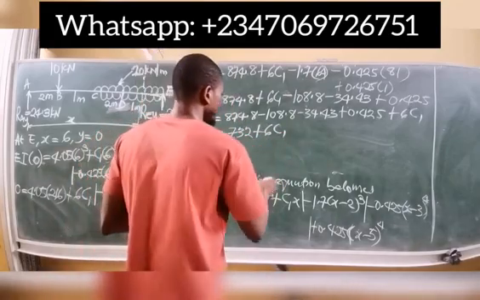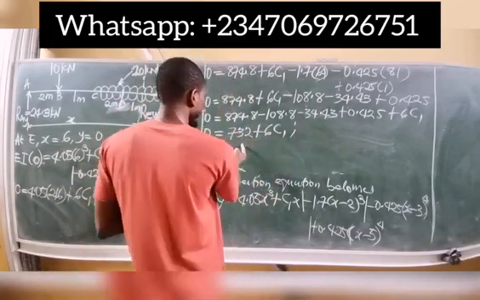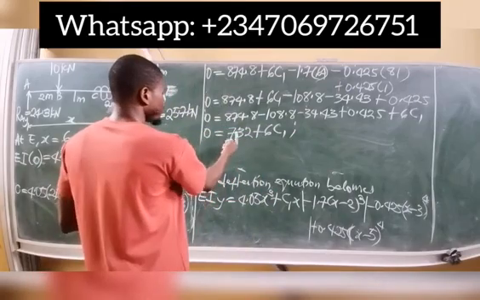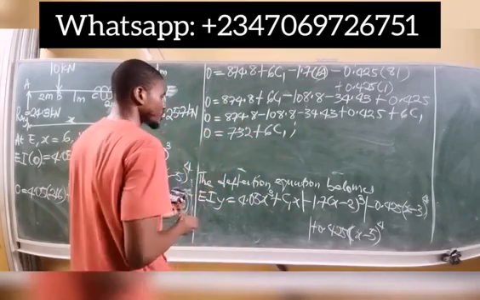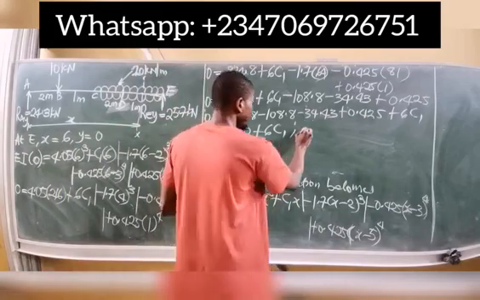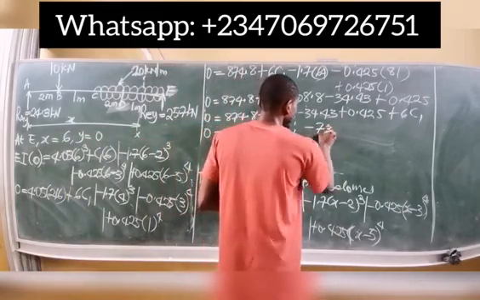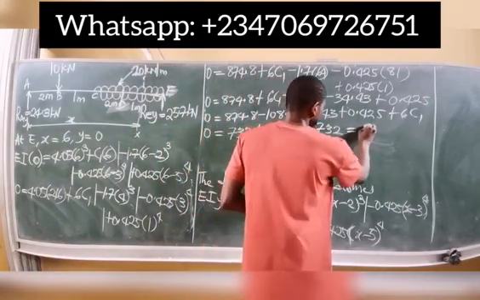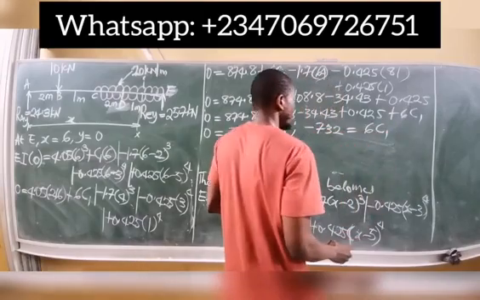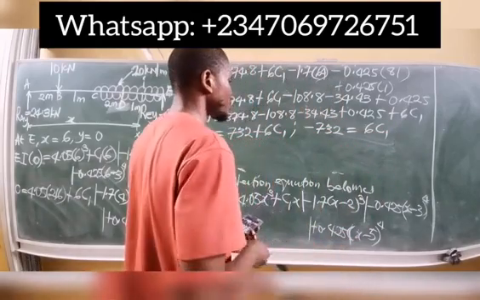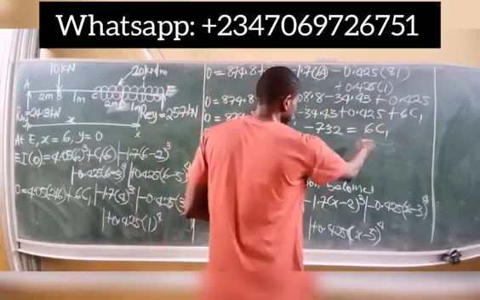So to make C1 subject, we can simply send 732 over here. If positive sign crosses an equal to sign, it becomes negative. So you simply have minus 732 equal to 6 C1. And therefore, to make C1 subject now, we simply divide both sides by 6.